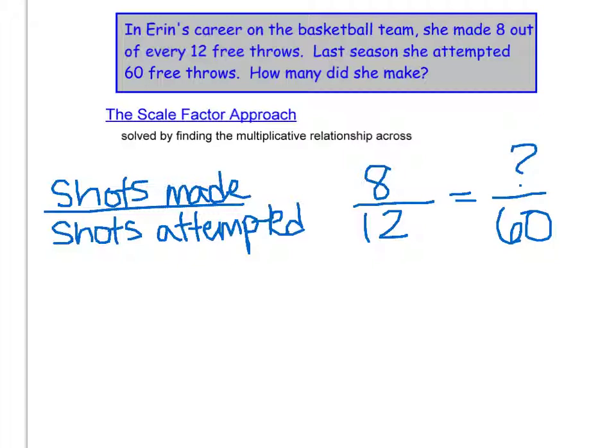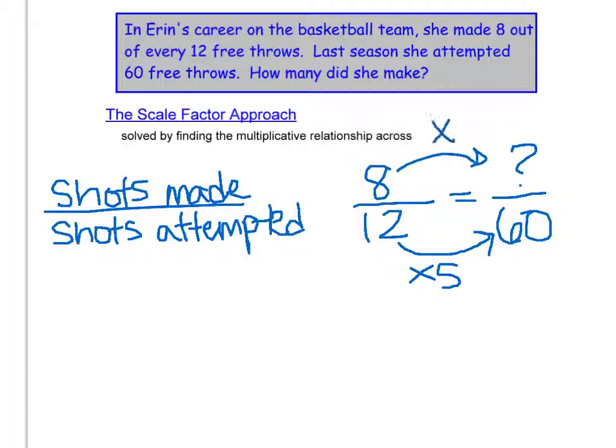And instead of reducing 8/12 to try to find a unit rate with it, I can actually find the multiplication relationship right across right away by thinking about what factor times 12 gives us 60. And I know that 12 times 5 gives us 60.